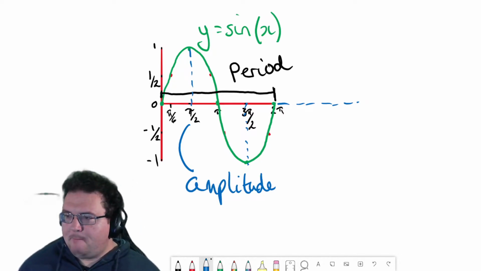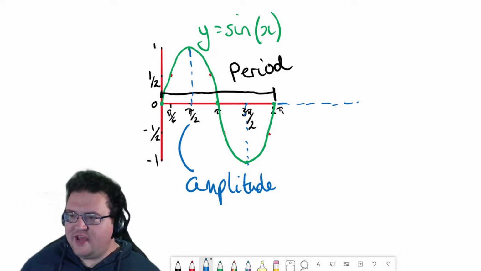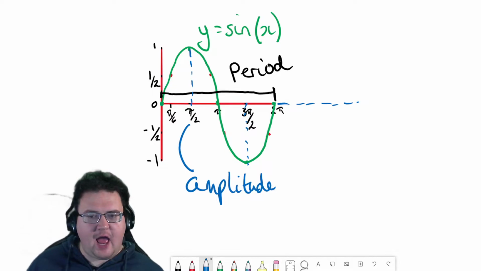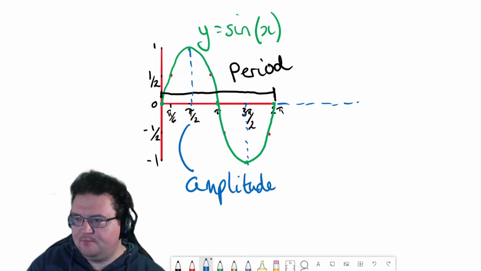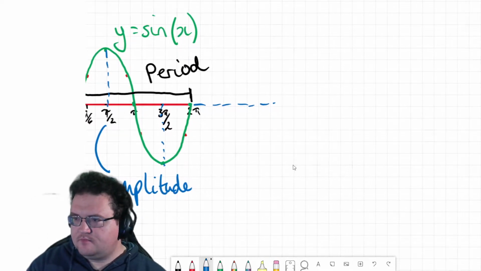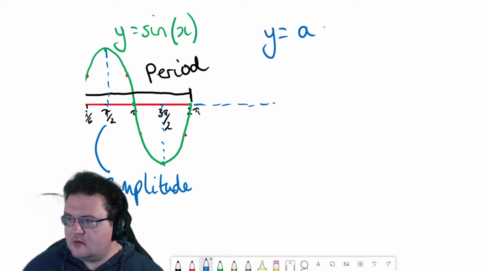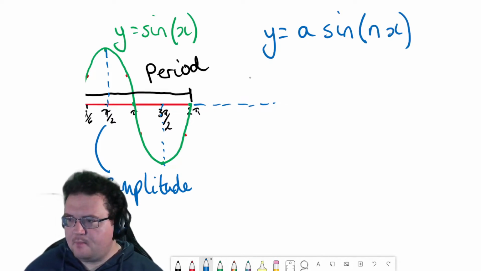So we can take this graph and start sticking in some extra values to describe how the graph will change shape. y equals a sine n x.